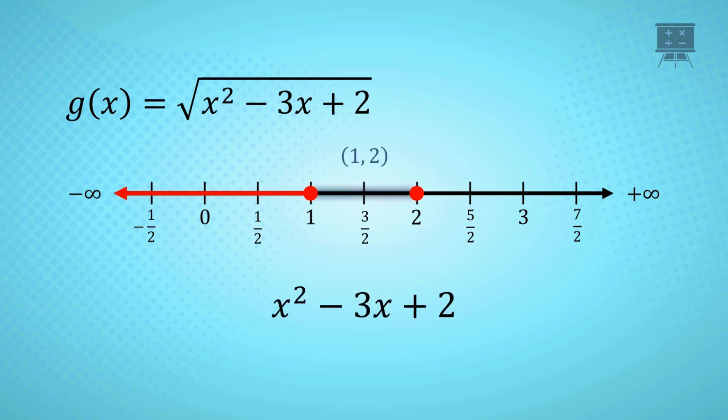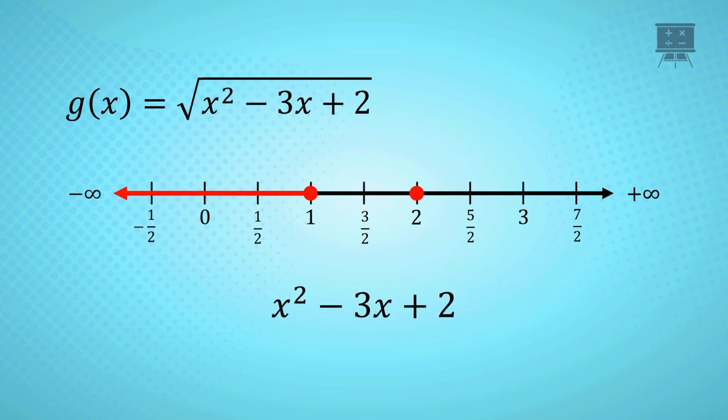For the interval 1 to 2, let x equal 3 over 2. x squared minus 3x plus 2 equals 9/4 minus 9/2 plus 2 equals -9/4 plus 2 equals -1/4, which is less than 0. The interval (1, 2) is not included in the domain.